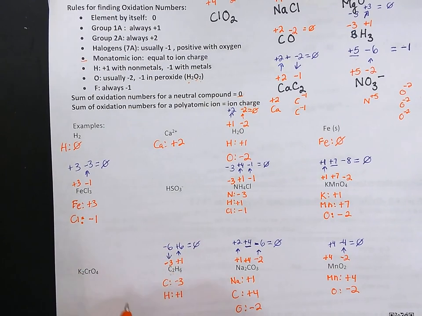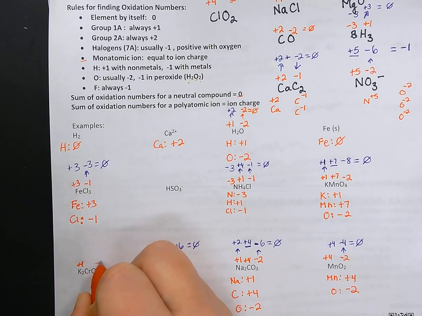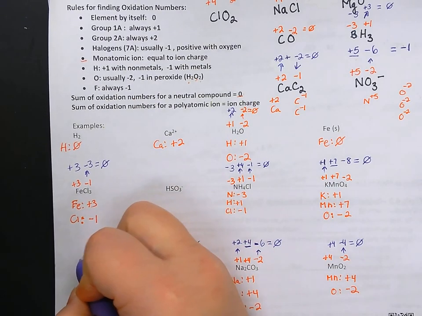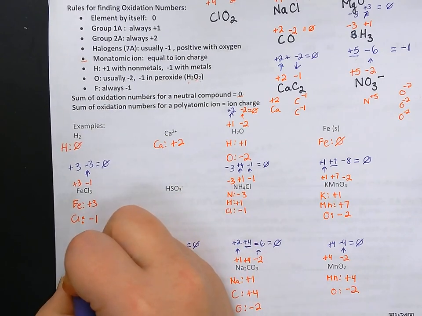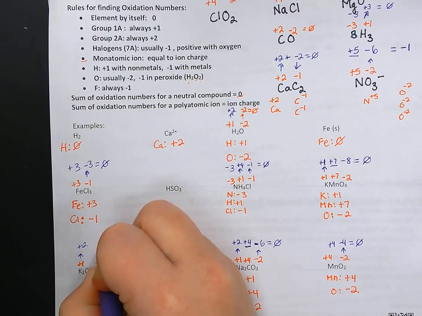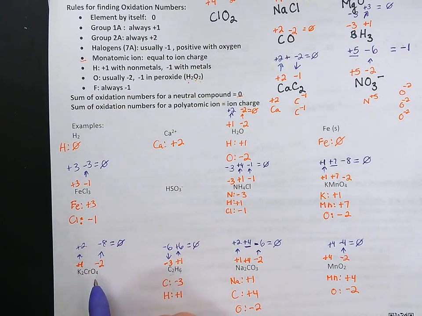Okay, so potassium is a group 1 metal, so +1. Oxygen is always -2, unless it's in a peroxide. So we've got a little math to do. We got +2 total. 4 times -2 gives us -8. And this needs to add up to 0, and there's no charge written on that chemical.